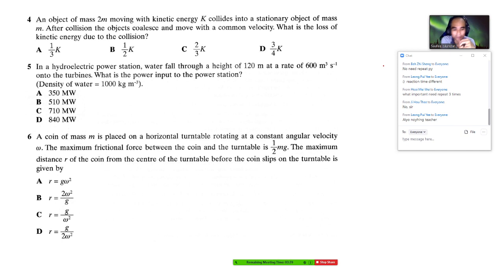Okay, for the basics of physics, random error is because of yourself. Systematic error is because of the instrument.